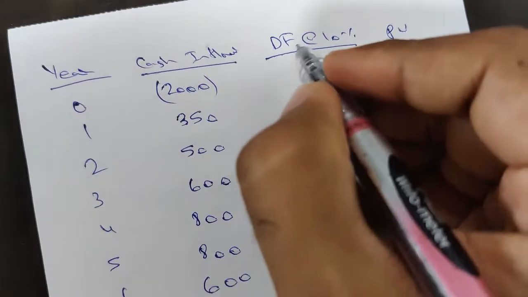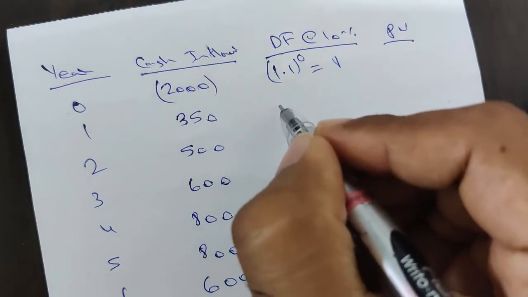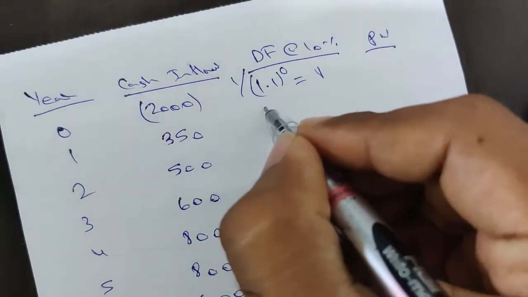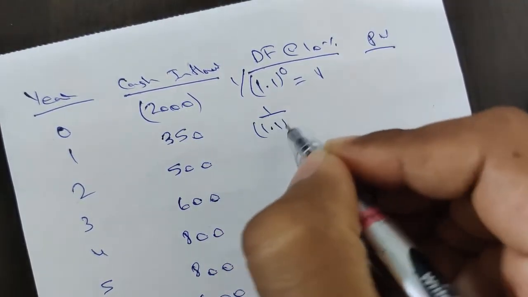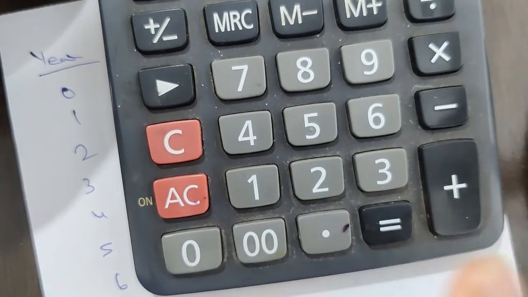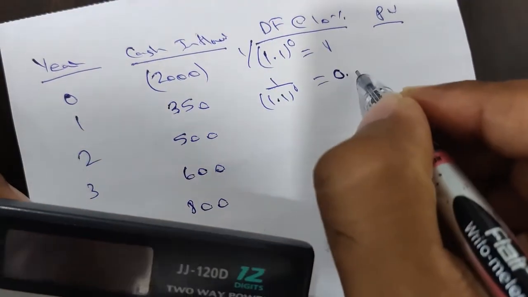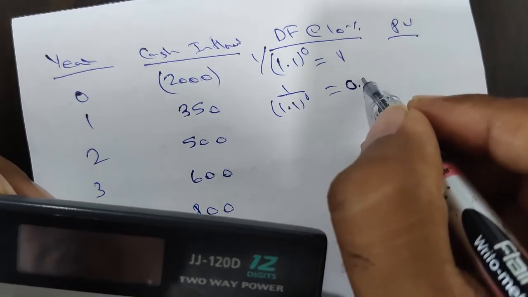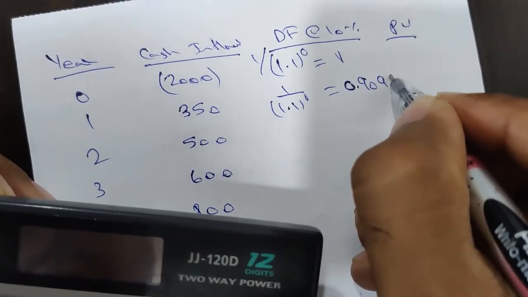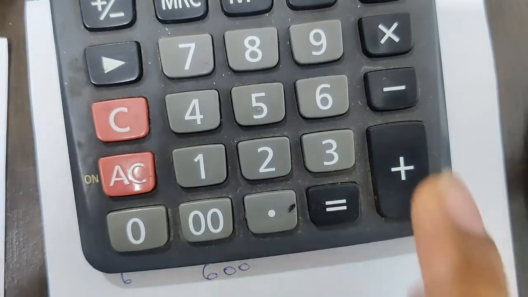So 1.1 to the power 0 is 1 only. Similarly, 1 divided by 1.1 to the power 1, how much will it be? It will be 0.9091. Similarly, for the next, no need to calculate again the same step, just press an equal to.